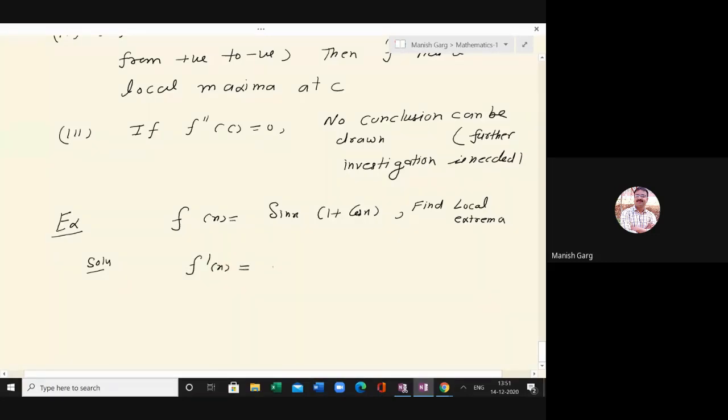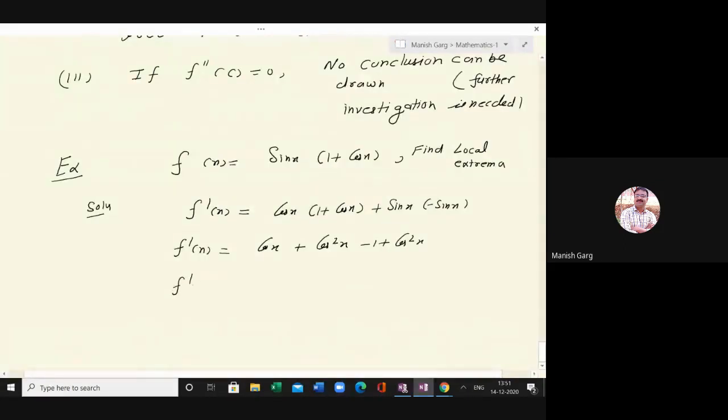If you solve, f dash x is cos x (1 plus cos x) plus sin x (minus sin x), which is cos x plus cos square x minus sin square x, which is 2 cos square x plus cos x minus 1.